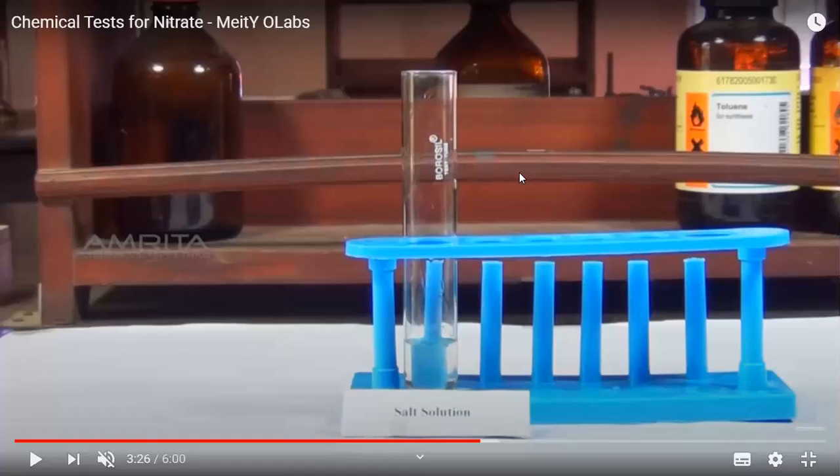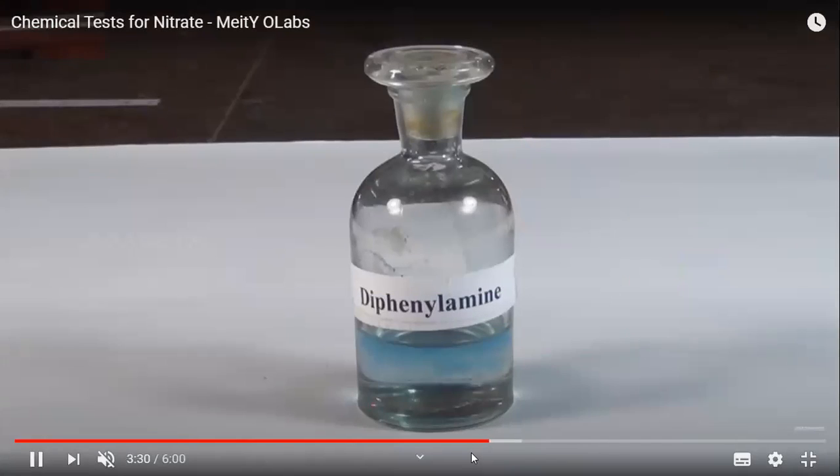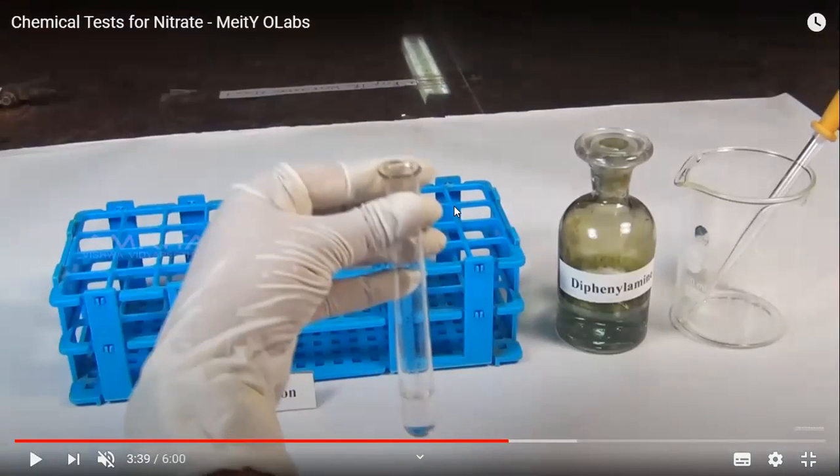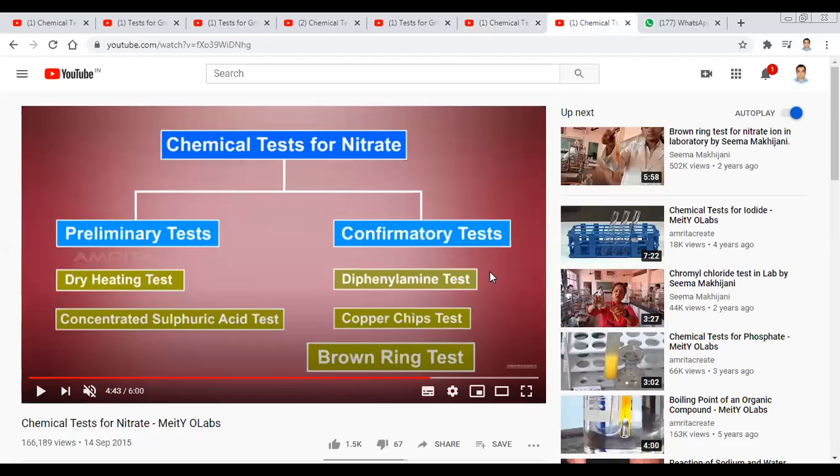In this dry heating test, we can see, my dear students, the reddish brown gas produced due to the dry heating. You can see here once again the reddish brown color due to the dry heating test.